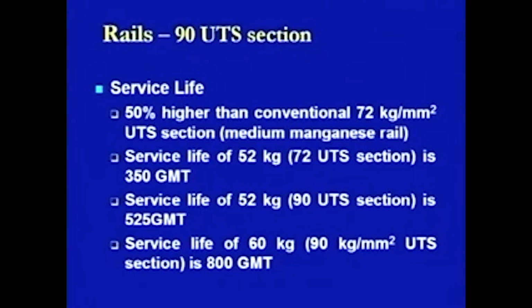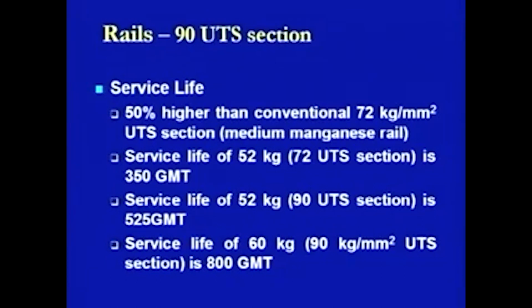And if we also change the sectional weight of that rail section from 52 kg to 60 kg per meter, and still maintain the 90 UTS rail section, what we found is that the service life increases to 800 GMT. It means in the previous case it is increasing by something like 1.5 times, and in the latter case it is increasing more than 2 times.